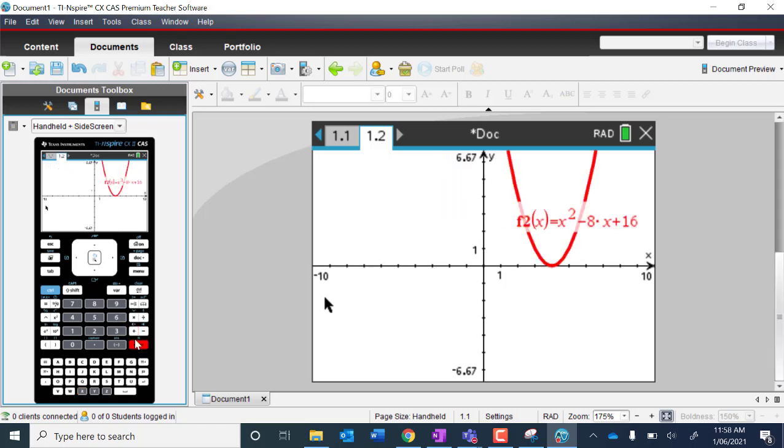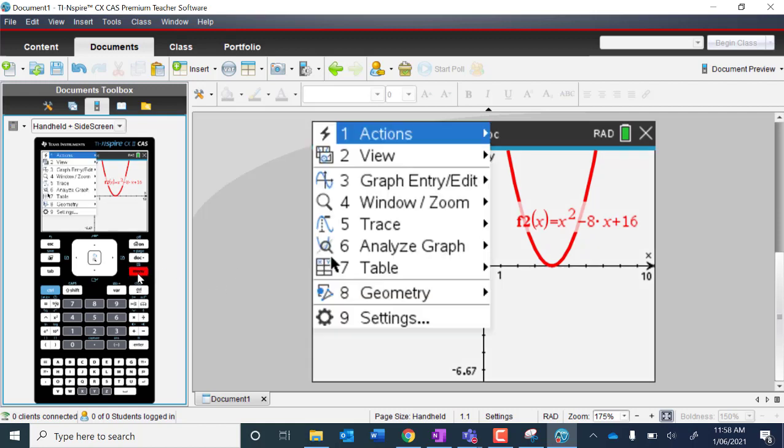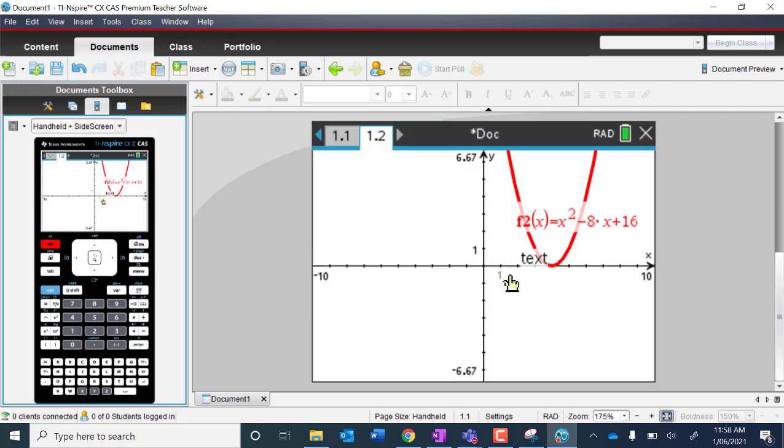And as you can see, there it is. Look, we can even count, we wouldn't even have to use the calculator: 1, 2, 3, 4. You can see there that x equals 4 is the x-intercept. It also happens to be the place where it turns, which we'll get into later.